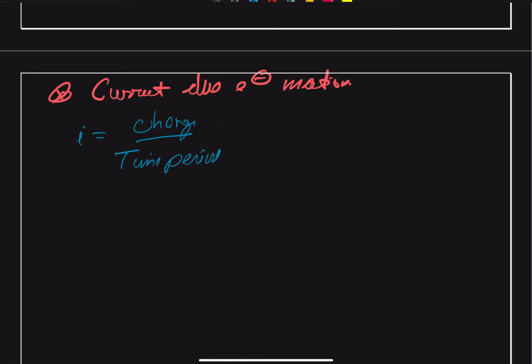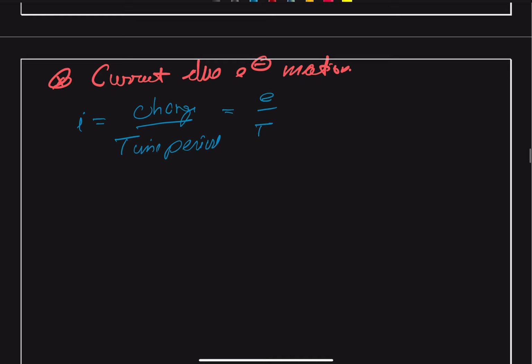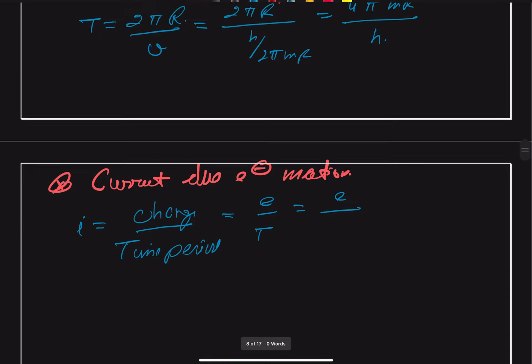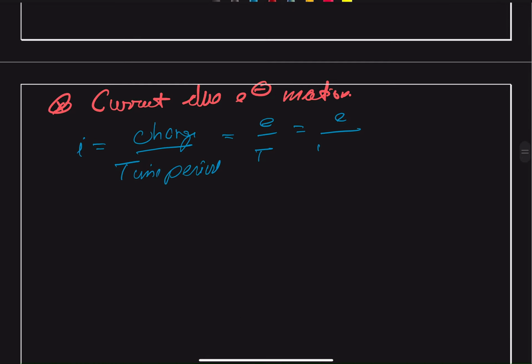Charge is e, time period is T, so we simply substitute the value of time period we just calculated, and we get e upon 4 pi square m r square divided by h, and this can be written as eh divided by 4 pi square m r square.